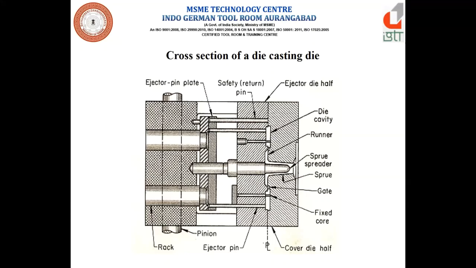Overflows perform several important functions, as follows. First, they serve as a receptacle for the first metal entering the die cavity during each shot. Normally, this metal will be cooler than the metal behind it. In addition, it will oxidize to some extent as it forces out the air that is in the cavity.